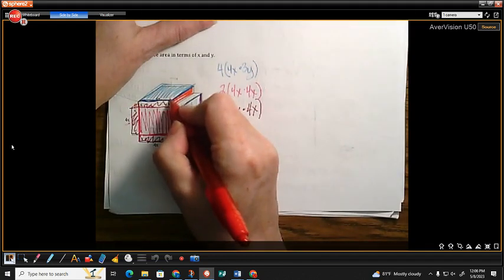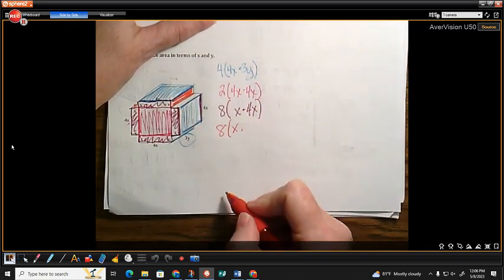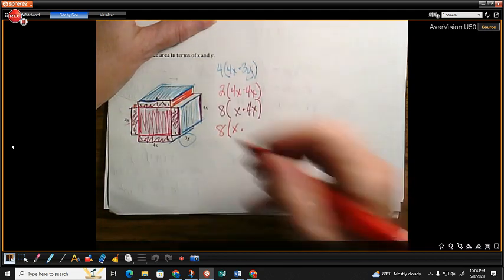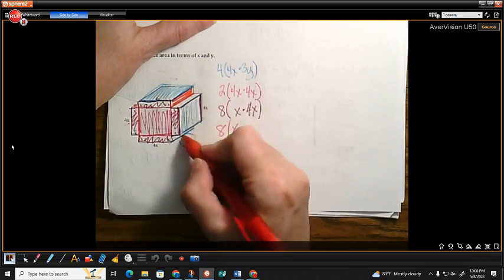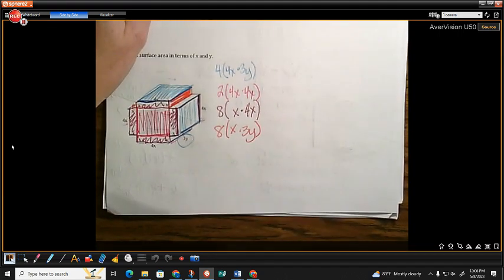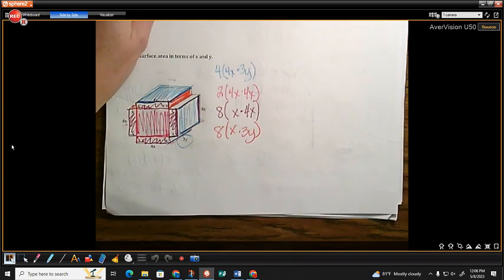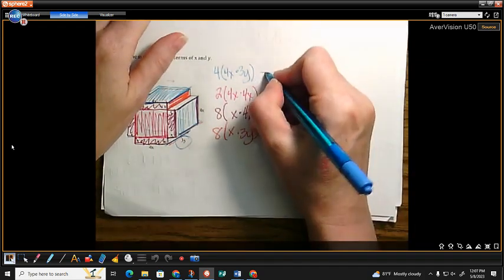What is their length? X, 3y. What is their width? X. Really? 3y. It's 3y. See how it's going along here? That's your 3y distance. And then to get the total surface area, what will you do with all of these? Add them. Okay, we'll see.